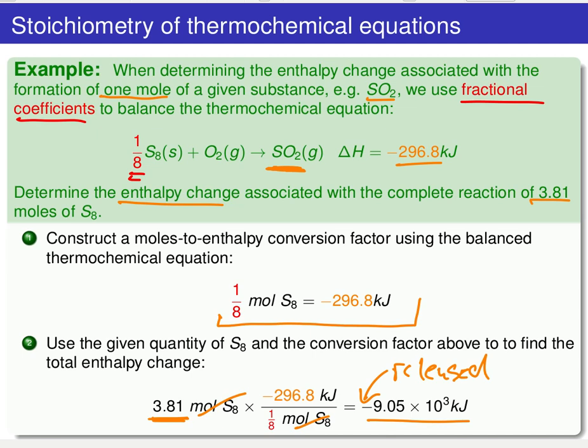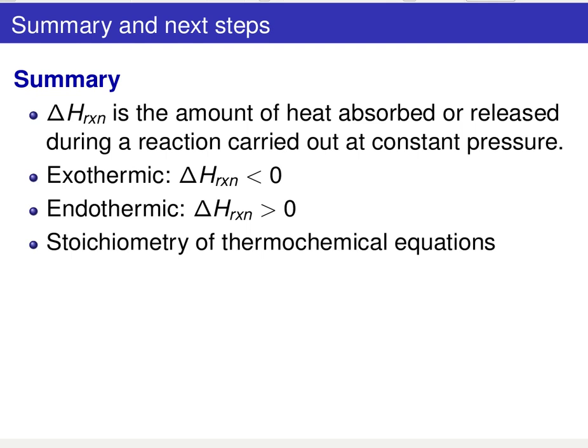Okay, so there'll be a handful of additional practice problems that you can work through on this topic. For now, we're in a position to go ahead and sum up what we've talked about. We've introduced this concept of enthalpy and enthalpy changes of a reaction. And we've talked about how this enthalpy change is a measure of the energy transfer as heat at constant pressure. And it basically tells us how much energy is being either absorbed or released during the course of a chemical reaction.